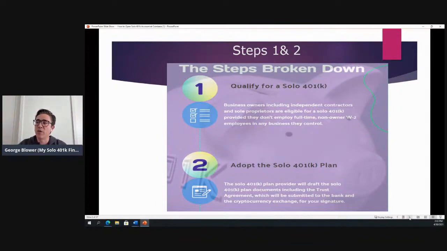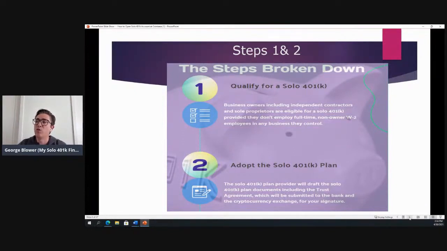As far as breaking down the steps a little bit more in detail, step 1, to qualify for a solo 401k, you need to be self-employed. You could be self-employed as an independent contractor or a sole proprietor. You may have organized an entity, which may be just a single member LLC, or it could be an S Corp or an LLC taxed as an S Corp.